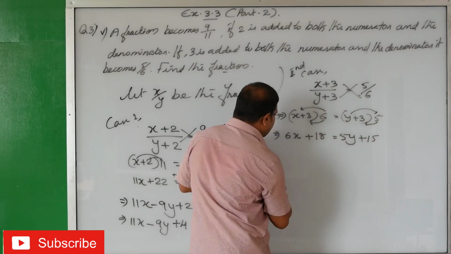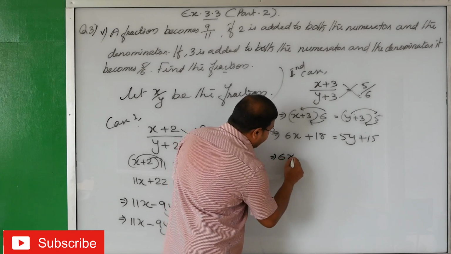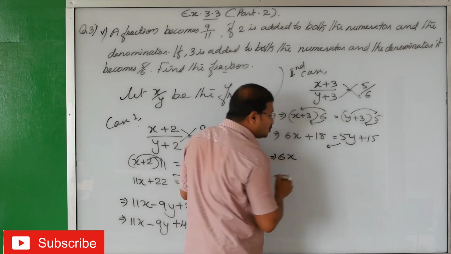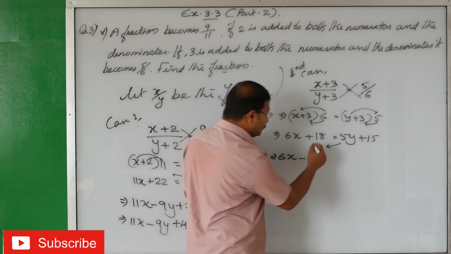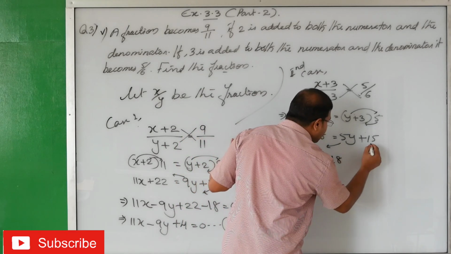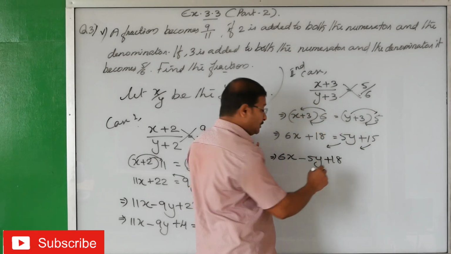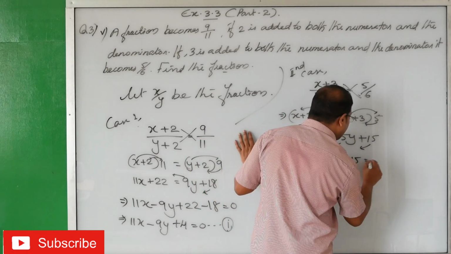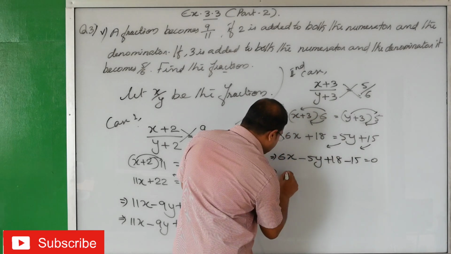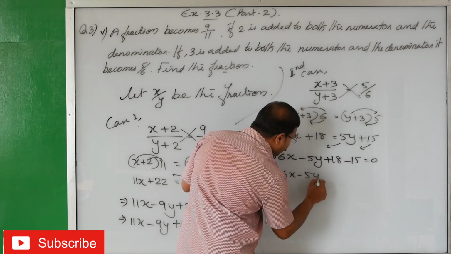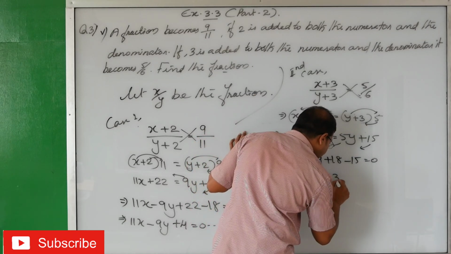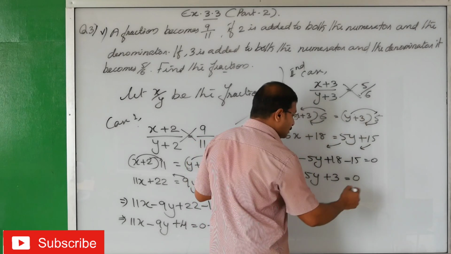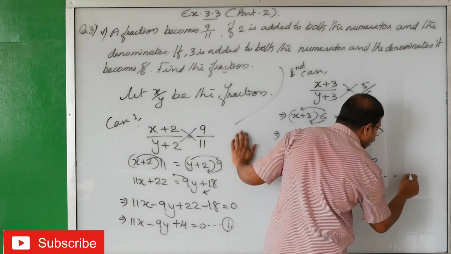Now this implies 6x, 5y comes to the next side, minus 5y. Now 18 is already here, plus 18, 15 comes to the next side, minus 15 equal to 0. This implies 6x minus 5y, 18 minus 15, that is plus 3 equal to 0. This is equation number 2.